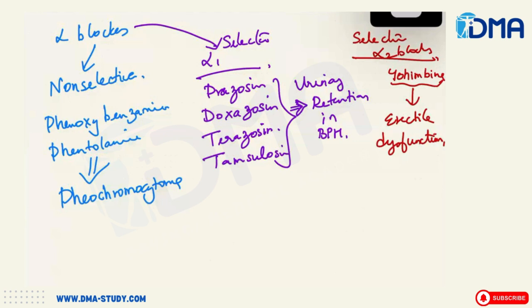Beta blockers, it is a big list of beta blockers, which I'm not going to say. You go read the first generation and second generation beta blockers. I will tell you the important MCQ points in beta blockers.